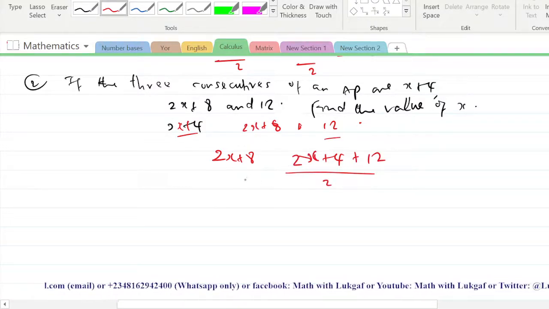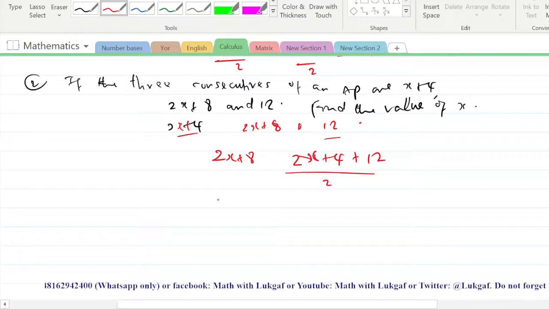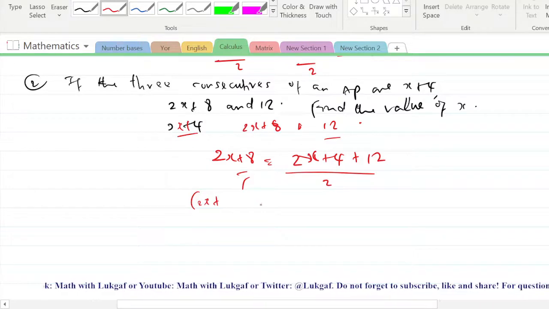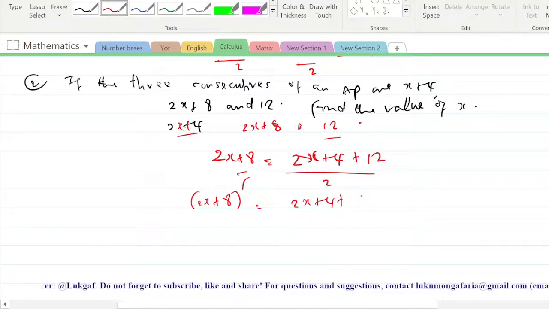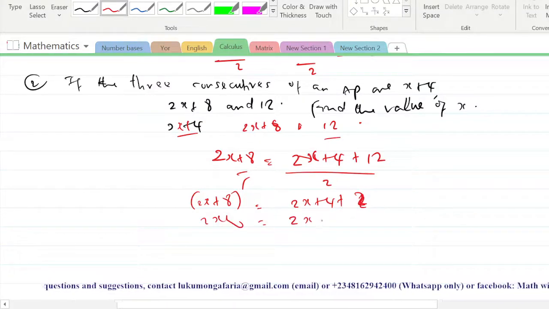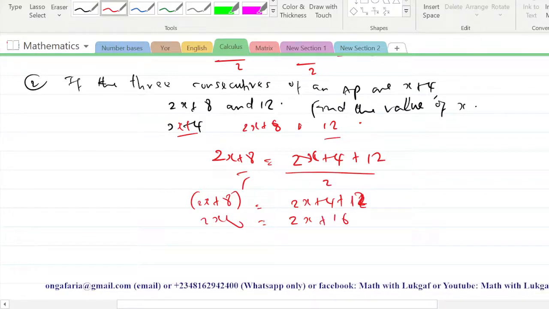If you multiply through by 2, then I'm going to have 2 into 2x plus 8 is equal to x plus 4 plus 12. So this will give you 4x plus 16.